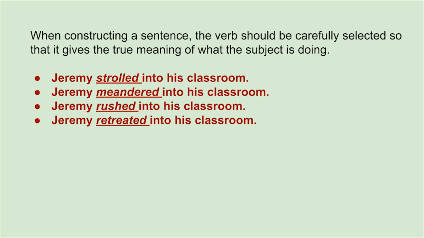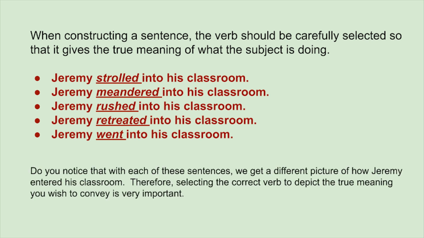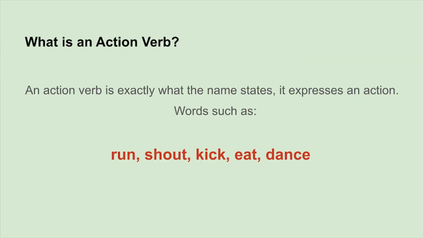Jeremy retreated into his classroom. Jeremy went into his classroom. Do you notice that with each of these sentences, we get a different picture of how Jeremy entered his classroom? Therefore, selecting the correct verb to depict the true meaning you wish to convey is very important.